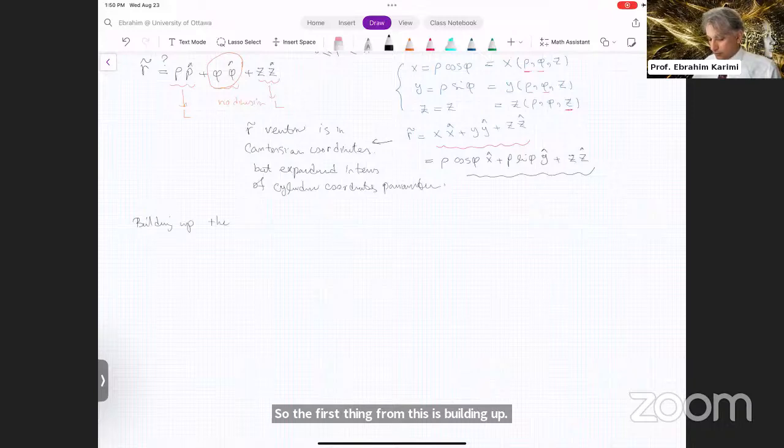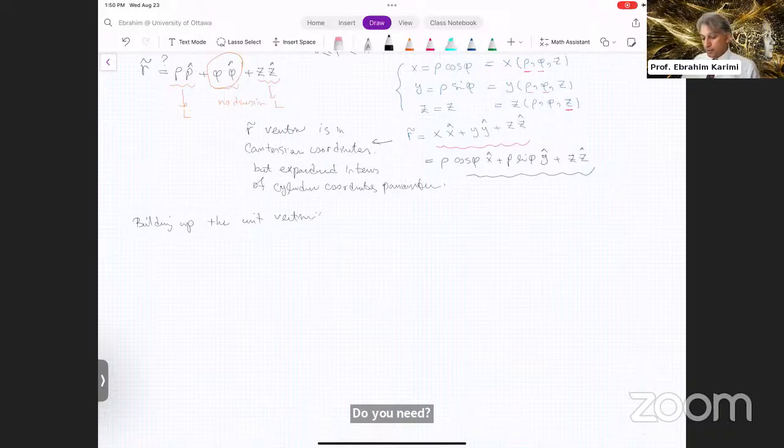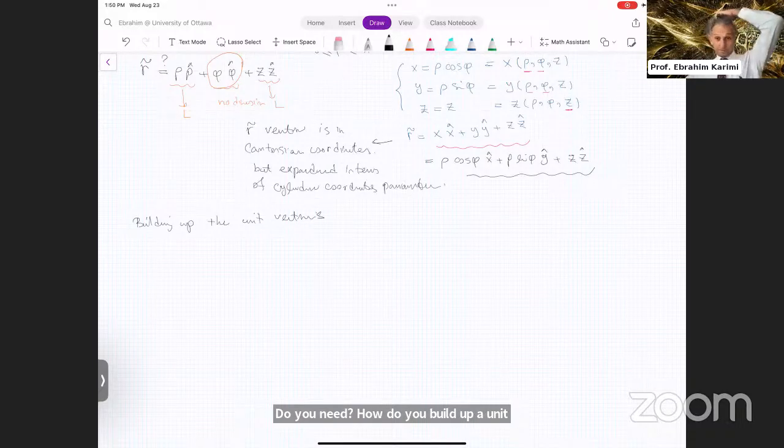the unit vectors. How do you build up the unit vectors? Can you tell me? How did we find the slopes? Do you remember the tangents?